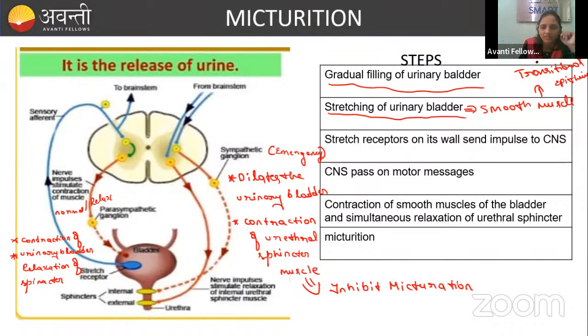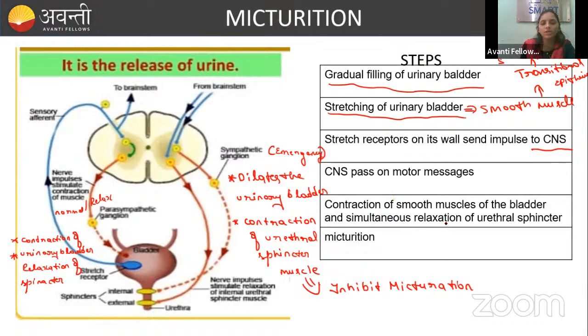This transitional epithelium consists of stretch receptors. When the urinary bladder is filled, I am telling that when it is filled, it will send impulses to the central nervous system.